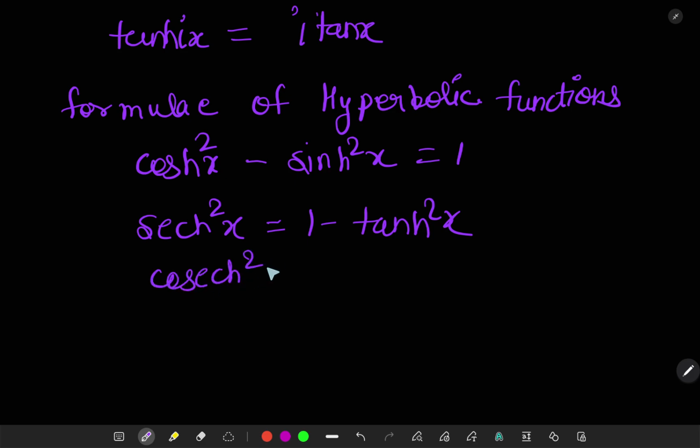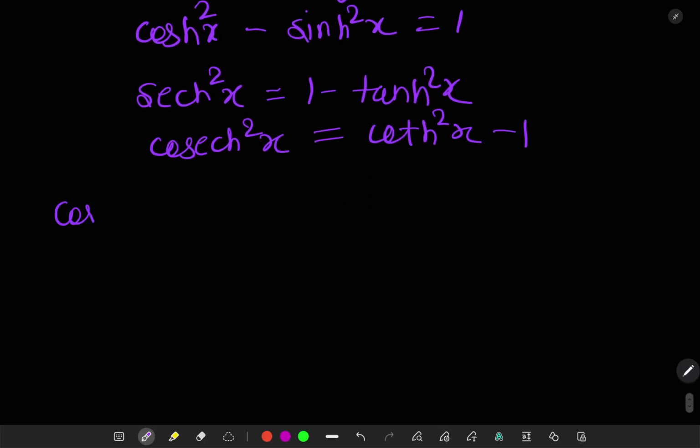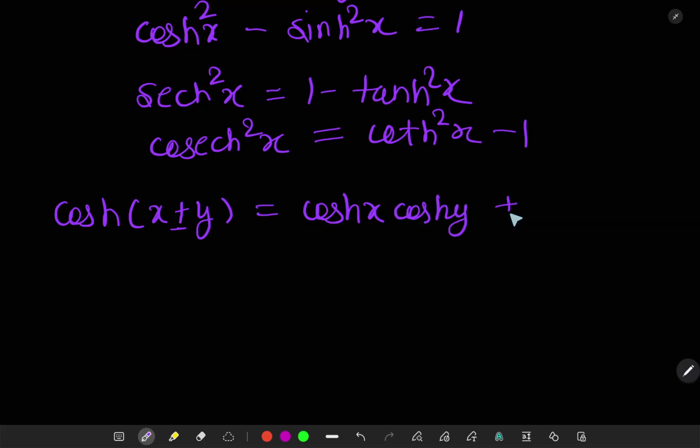Cosec hyperbolic square x equals cot hyperbolic square x minus 1. Cos hyperbolic x plus minus y equals cos hyperbolic x cos hyperbolic y plus minus sin hyperbolic x sin hyperbolic y.